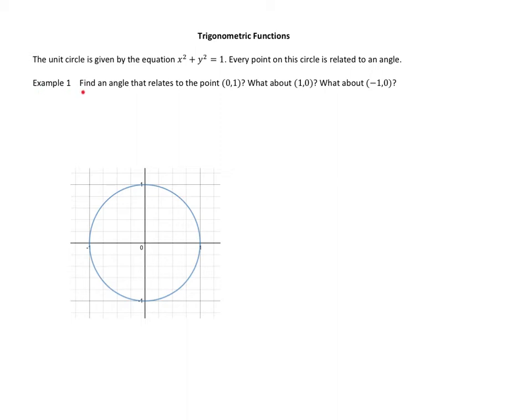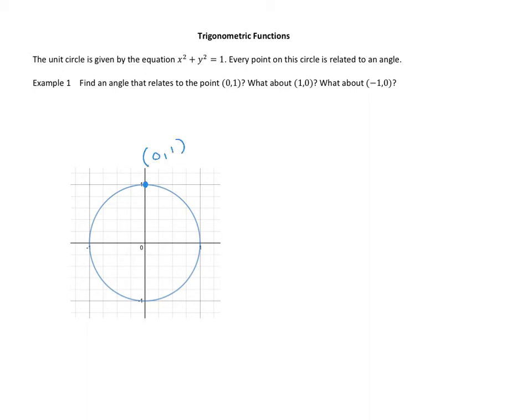To start with, let's find an angle that relates to the point (0, 1). And we're going to do this in a very specific way. The point (0, 1) on this circle has 0 for an x value and 1 for a y value. So that's the point right here. Let me label it. That's the point (0, 1).